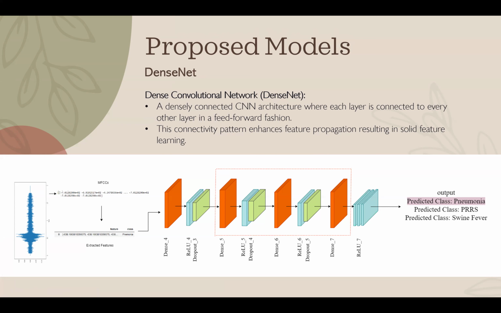Here you can see the audio files converted into MFCC feature extractions, which are then fed into a series of dense layers with ReLU and dropout layers in between. The final output layer predicts the classes of audio, for example, pneumonia.